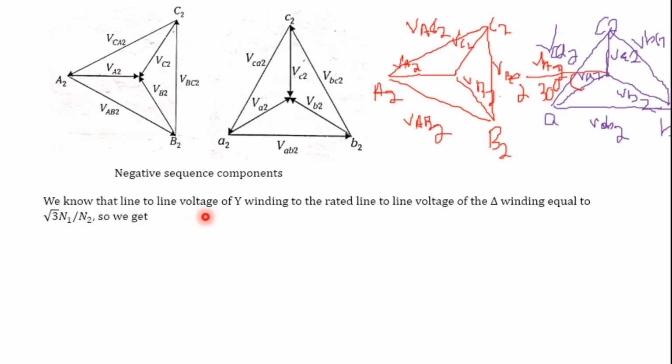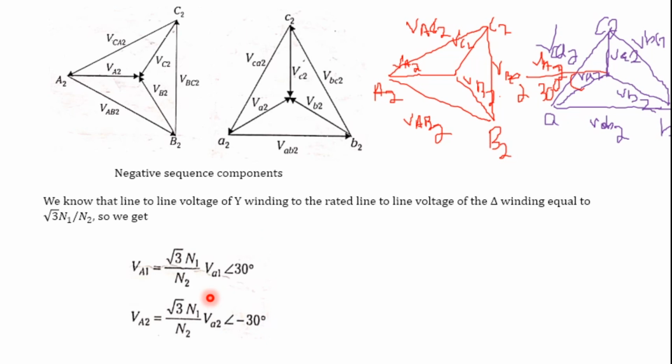So we get capital VA1 equal to root 3 times the ratio N1 by N2 with respect to small VA1 at an angle of plus 30 degrees, and capital VA2 equal to root 3 times N1 by N2 at an angle of minus 30 degrees. This is plus 30 degrees and this is minus 30 degrees.